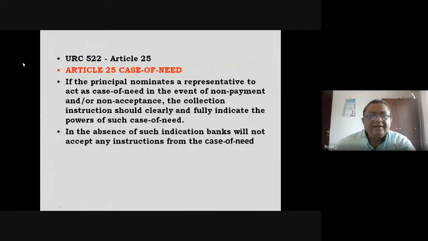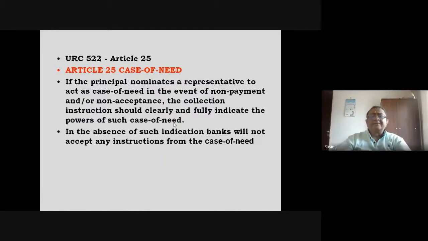Okay. Then case of need, I told you about it. It says that if the principal nominates a representative to act as case of need in the event of non-payment or non-honor, instructions should clearly and fully indicate the powers of such case of need. It should say what the case of need should do. Can you see that?